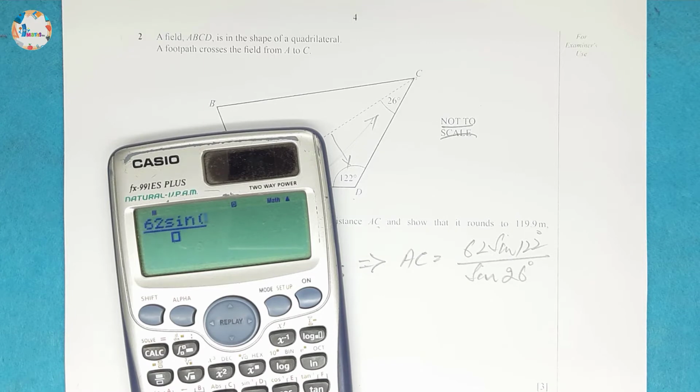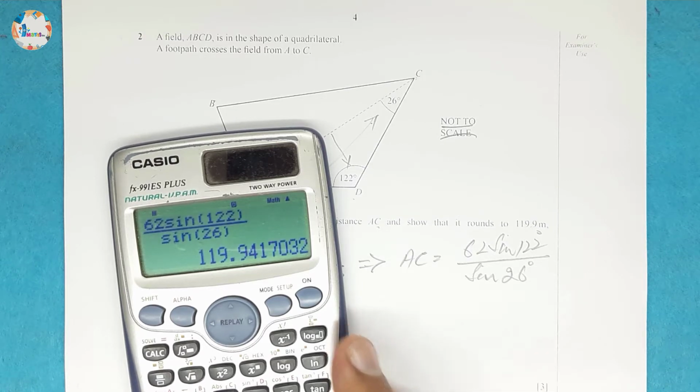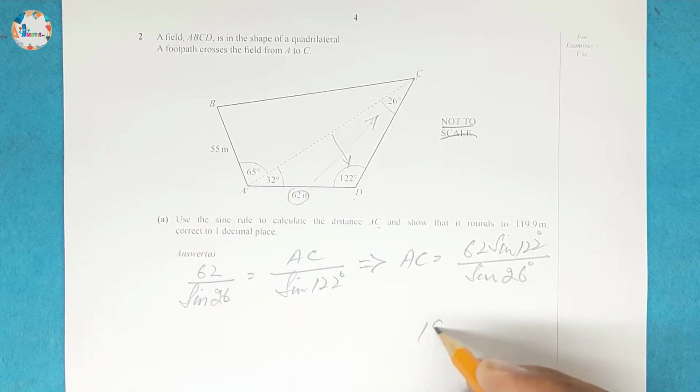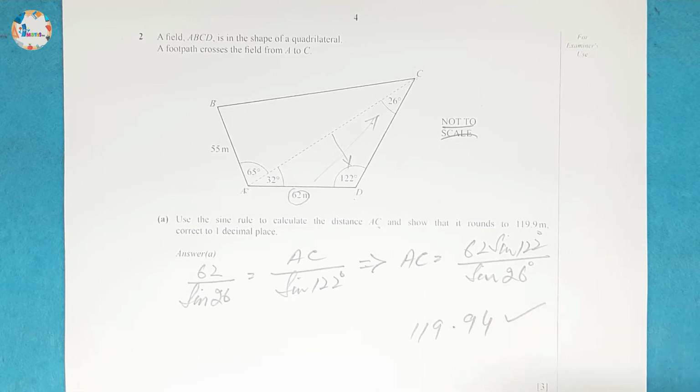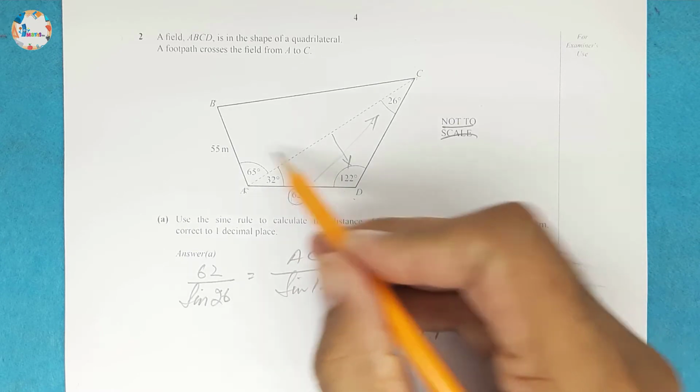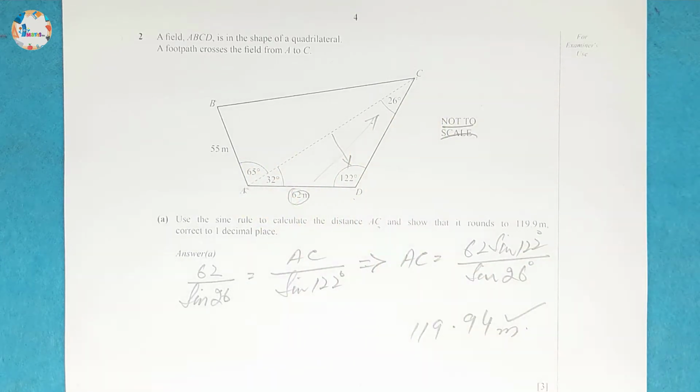Sine of 122 divided by sine of 26, and this will result in 119.94. So we can write here 119.94, this will be our answer. Basically this will be the length in meters, so we can write the unit as meter, because everything is meter, this will also be meter.